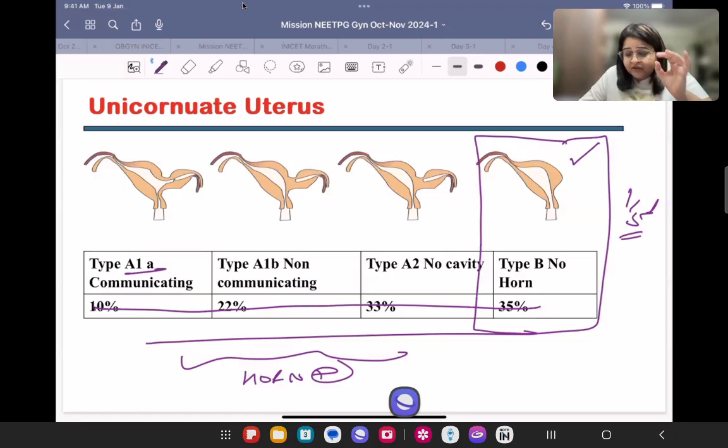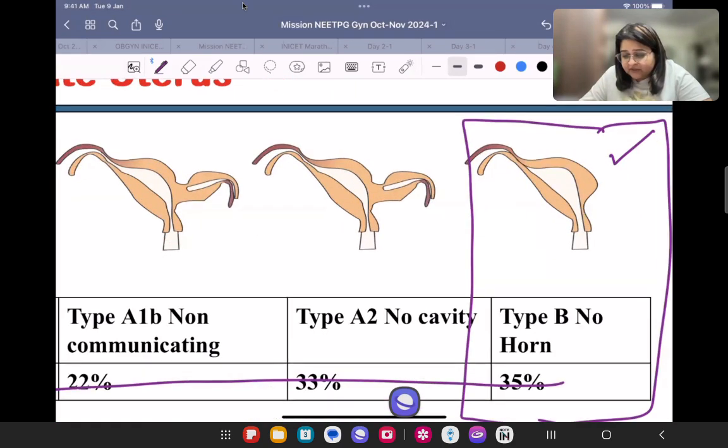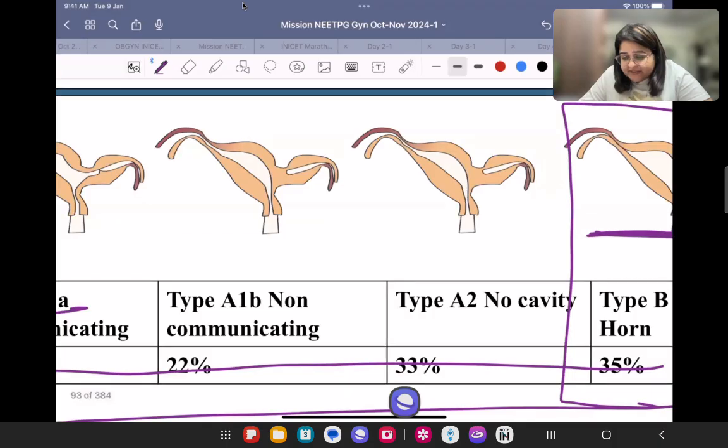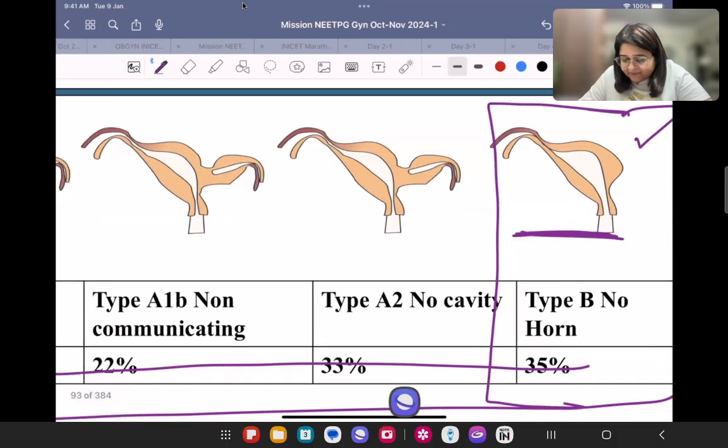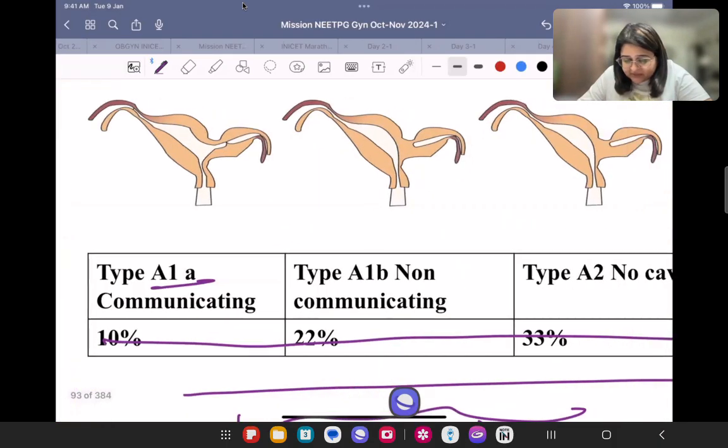So the purpose of showing you this picture is that in 1/3 of patients there is no horn. So in this patient you won't see the ectopic and the hematometra. In this patient, look at the first one, there's communication, here ectopic pregnancy can happen.